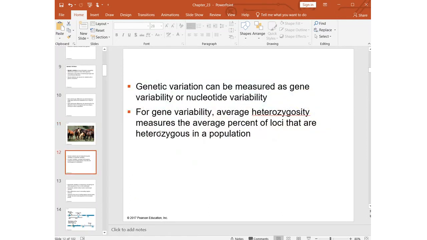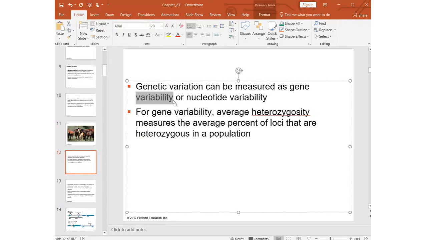Genetic variation can be measured as gene variability or nucleotide variability, either one. It can be variability in the genes, or it can be nucleotide variability. In other words, the sequence of the nitrogenous bases in DNA or RNA.